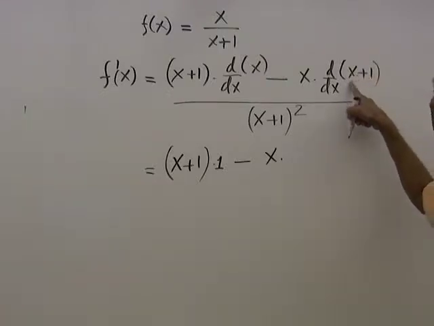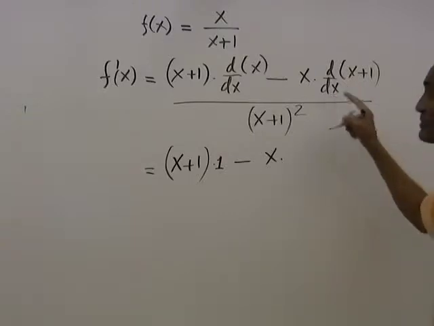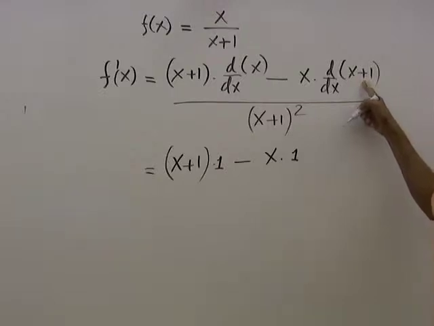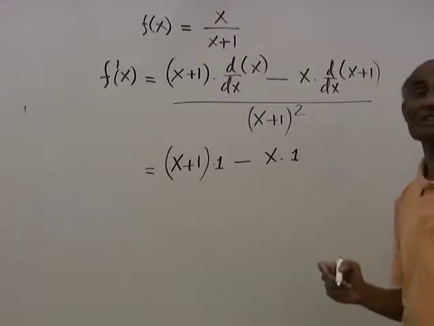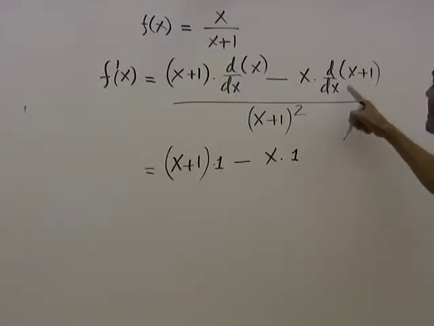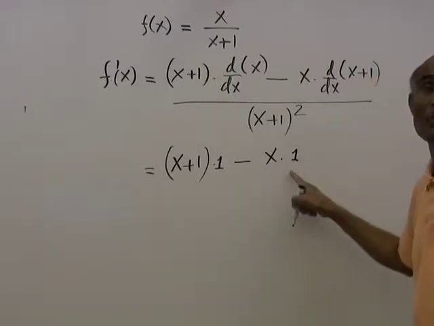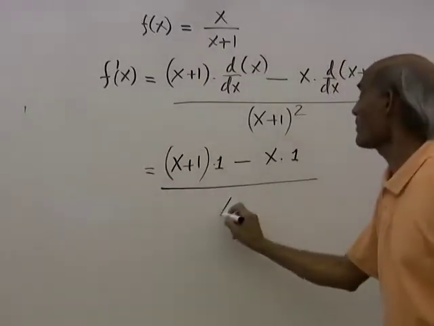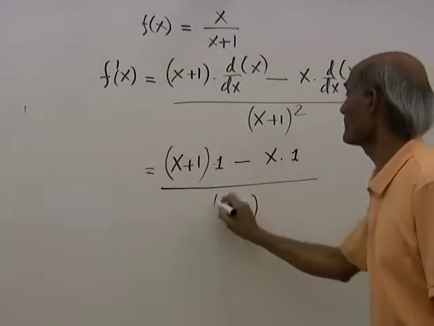The derivative of x plus 1 is the derivative of x with respect to x, which is 1, plus the derivative of 1, that is 0. So the derivative of x plus 1 with respect to x is simply 1. All over the square of x plus 1.